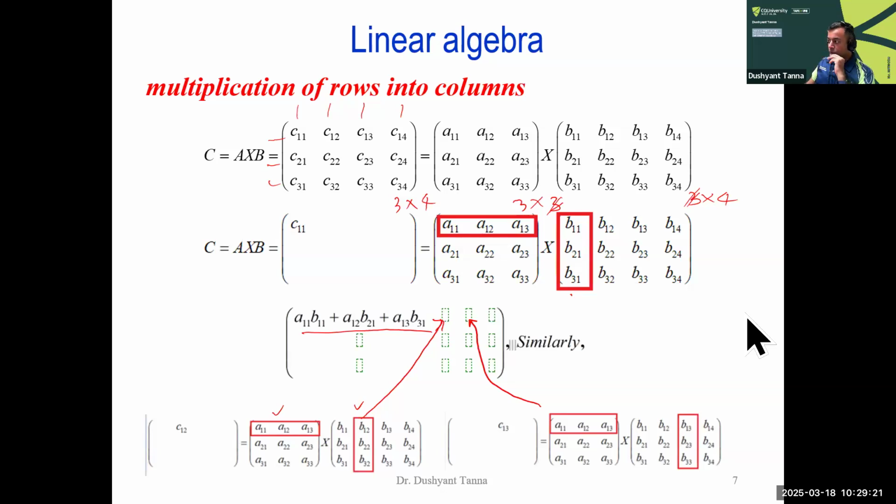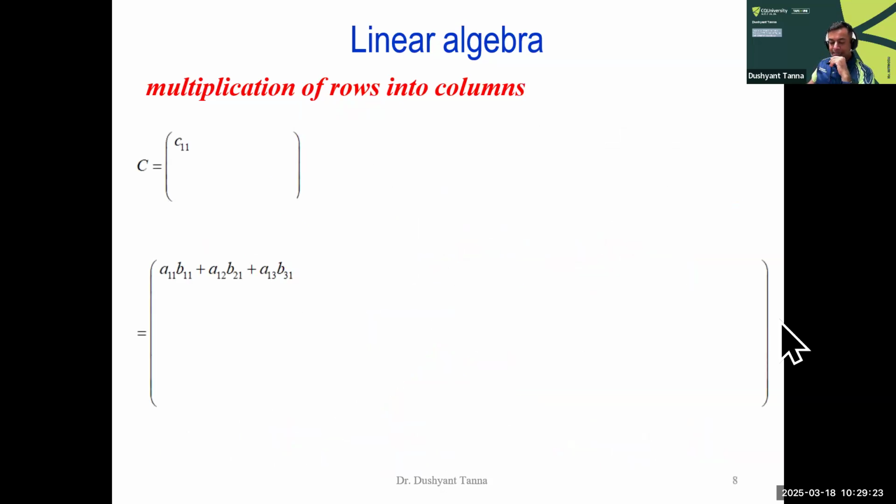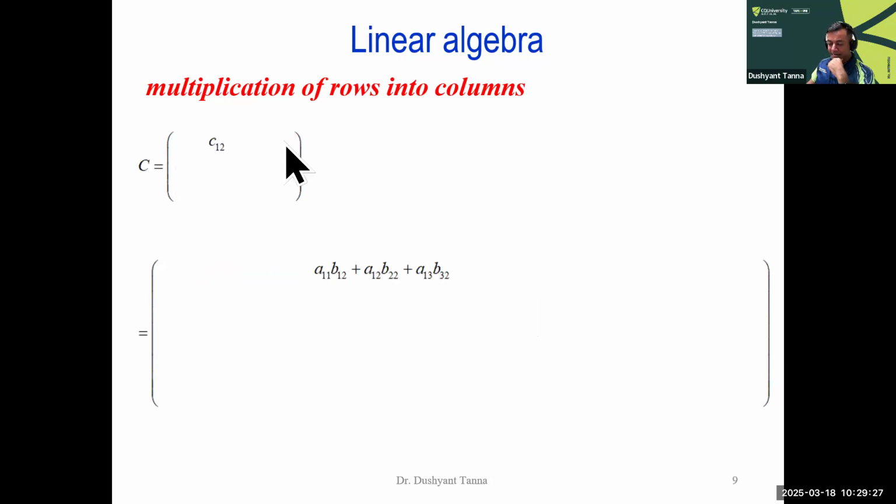Okay, I wanted to ask if any one of you sees any pattern here. Maybe it will be obvious to point it out here. Do you see any pattern? This element is nothing but C12.